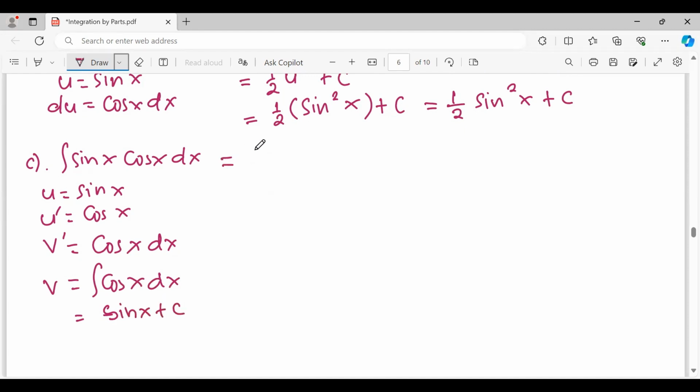So this integral becomes u times phi, sine x times sine x plus c, minus integral phi times derivative u, sine x times cosine x dx.